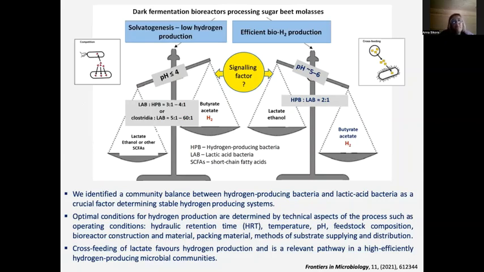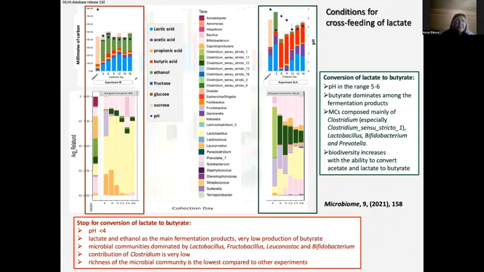The communities able to convert lactate to butyrate, labeled in green in this slide, are composed of the genus Clostridium and lactic acid bacteria. The biodiversity of microbial communities increases with the ability to conversion. The pH is in the range 5 to 6. And these results were published in Microbiome. Next slide, please.